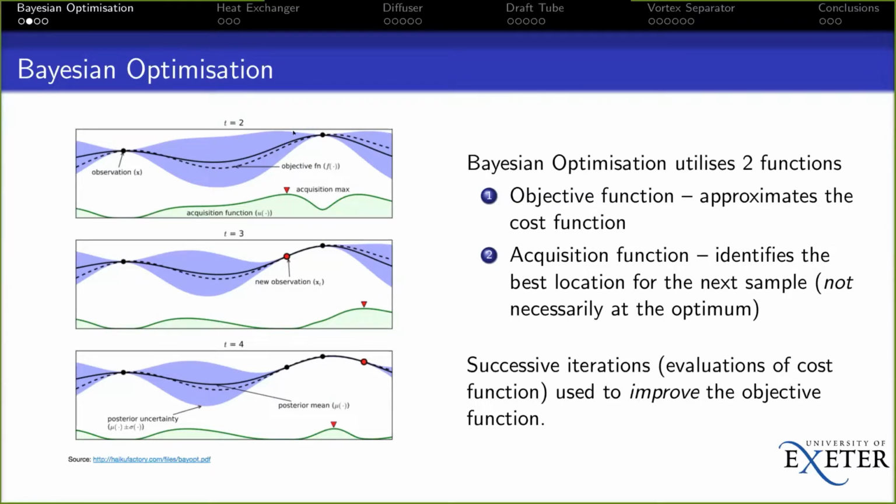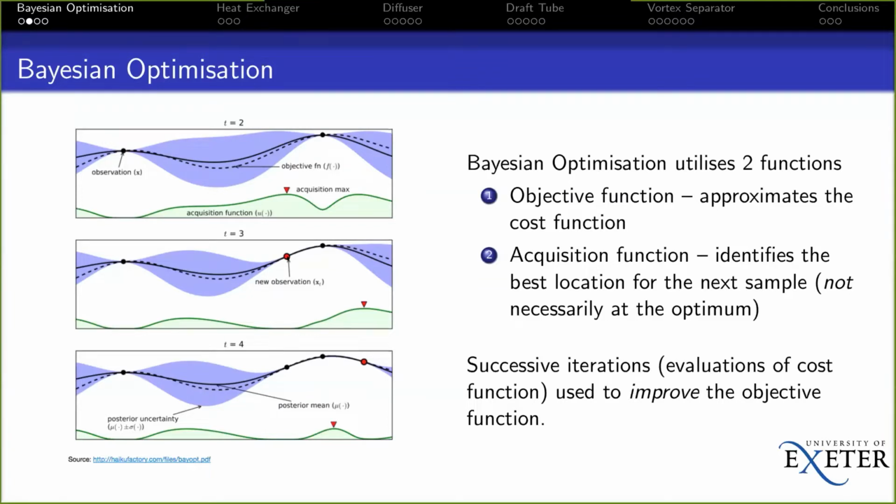So instead, we might realize that over here we think it's lower, but we see from the objective function there's a possibility that the maximum is actually over here. So we want to run our CFD model here in order to either eliminate or possibly identify the cost function in this region.